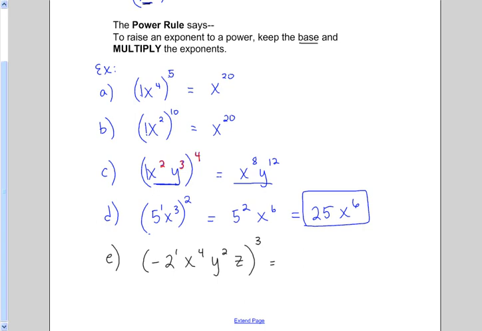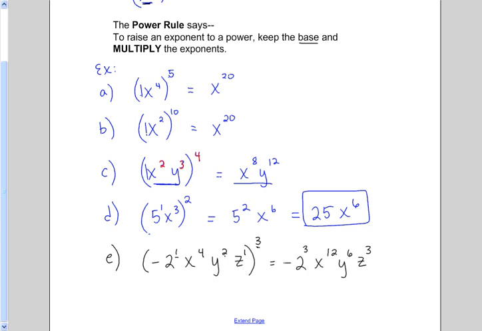And know that you're just multiplying exponents. You're not multiplying 3 times 2, but you're multiplying 3 times the 1. So that would be negative 2 to the third power. X to the 4 times 3 would be 12. Y to the 2 times 3 would be 6. And Z also has an understood 1.